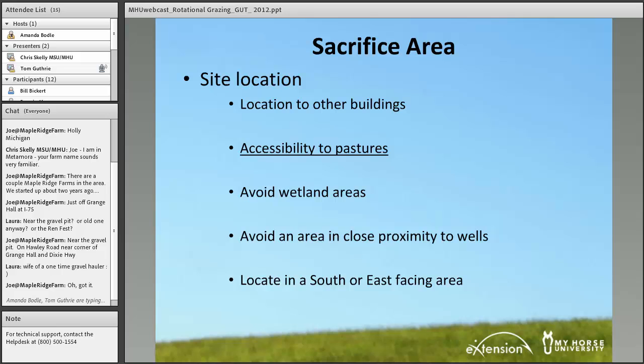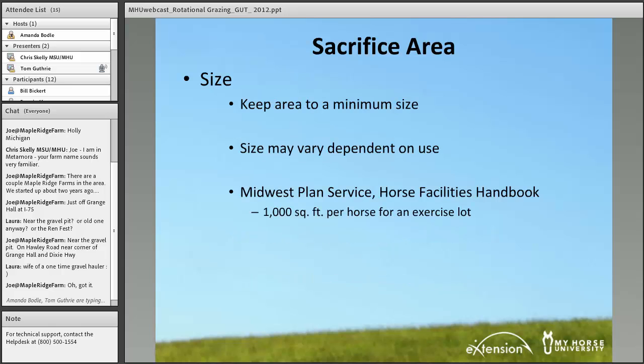If possible, locate the sacrifice area in a south or east facing area. This will aid with drying out the area because north and west facing areas tend to be a little bit more shaded.